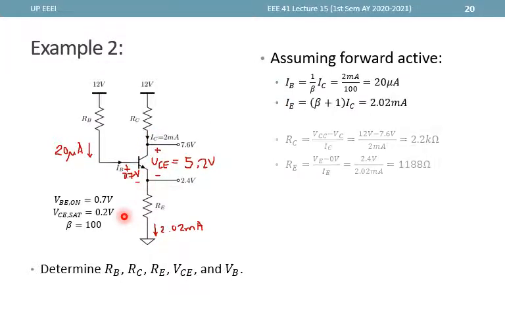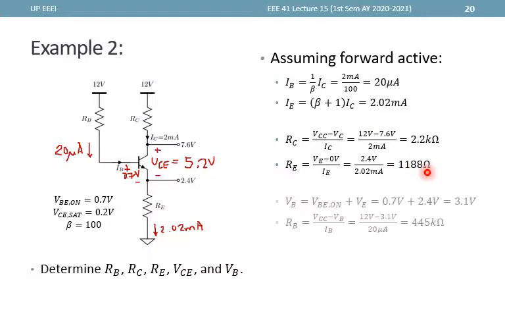We can now use Ohm's law to determine the values of the resistances. So RC is 12 minus 7.6, this voltage here is with respect to ground, over the current 2 milliamperes, and we'll get 2.2 kilo ohms. Now RE is 2.4 minus 0 over 2.02 milliamperes, and that is around 1188 ohms.